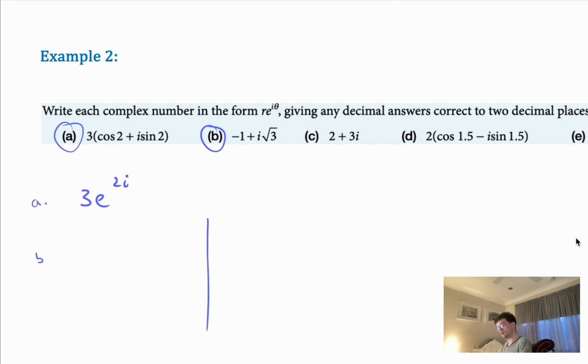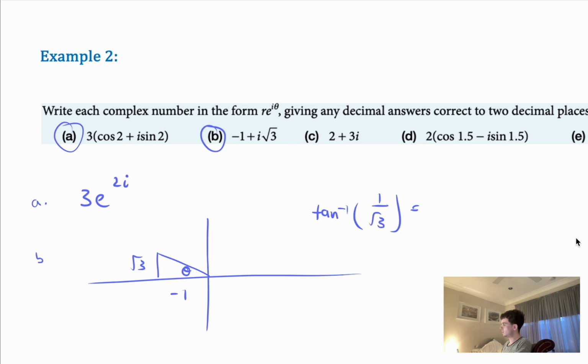We do part B. It's always best to draw a little diagram. The real component is 1, but it's going in the negative direction, and the imaginary component is root 3. And we figure that out. Tan inverse of root 3 on 1 is pi on 3, but we want the principal argument, which is that angle there, which is going to be pi minus pi on 3, which is 2 pi on 3.